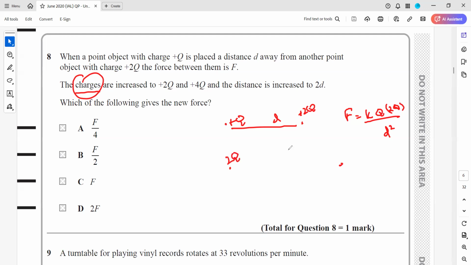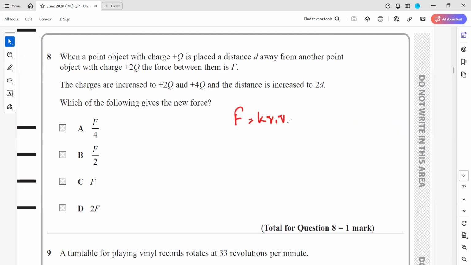F is equal to q1 q2 over r squared. If the product of the charges is increased, because now the charges are 2q and 2q, the product will be 4 times.